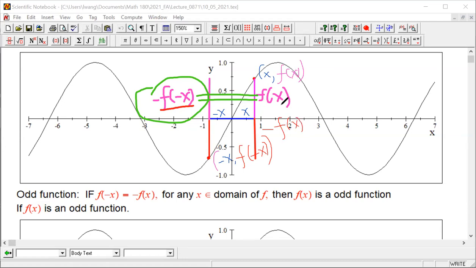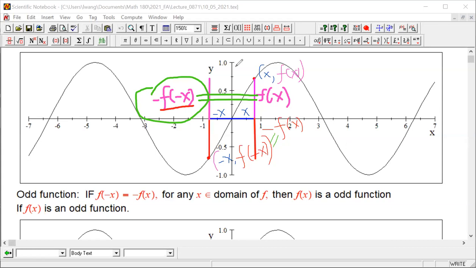This is the f of x. The opposite of f of x, you put a negative sign in front of it. And this red is the same as that red. You follow me? So these two reds, because this piece is f of a negative x, according to our notation, and this piece is negative of f of x, these two are equal.